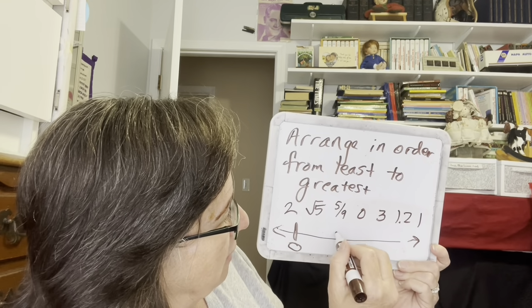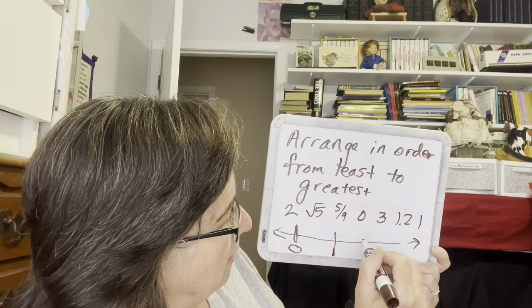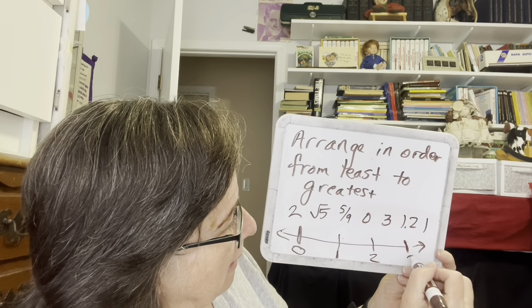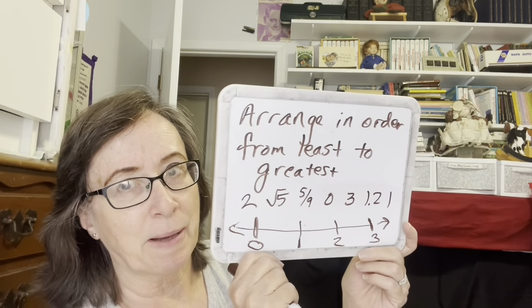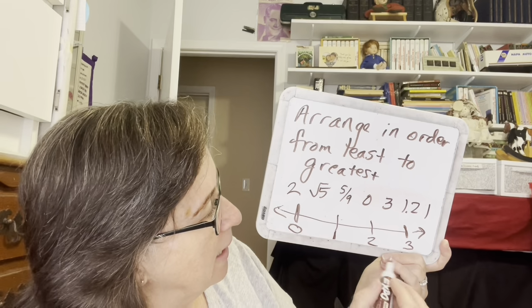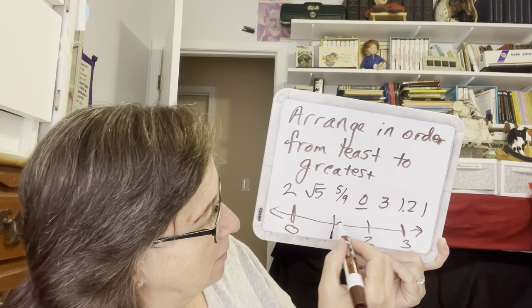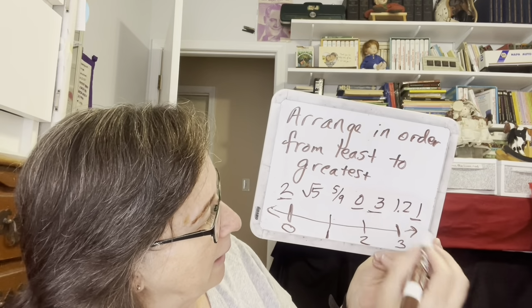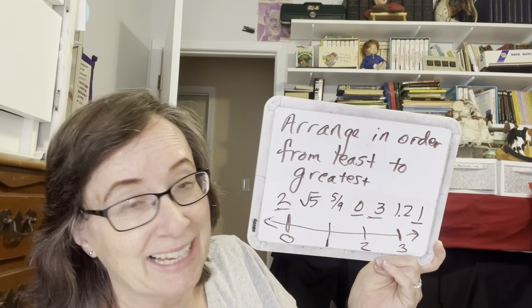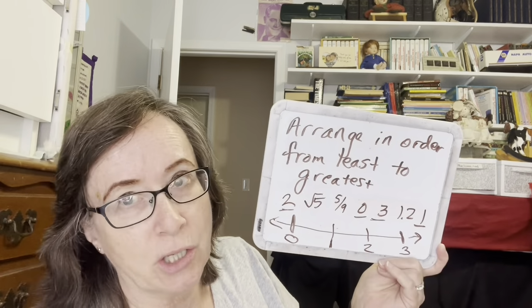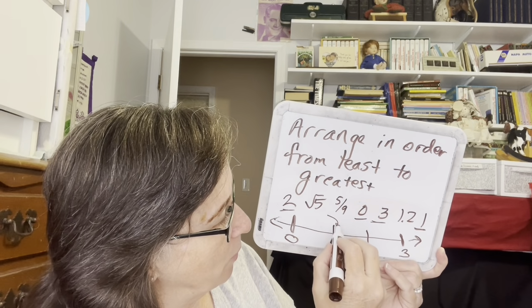So let's just put 1, 2, 3. Now let's think about these other numbers. We've got 1, 2, 0, 1, 2, 3. So 0, 1, 2, 3. We've already got everything done except for 1.2, which is about here. So we'll say 1.2.